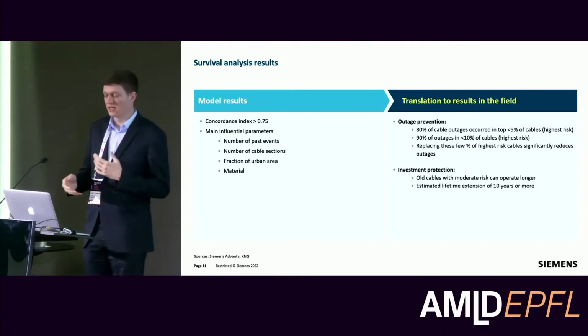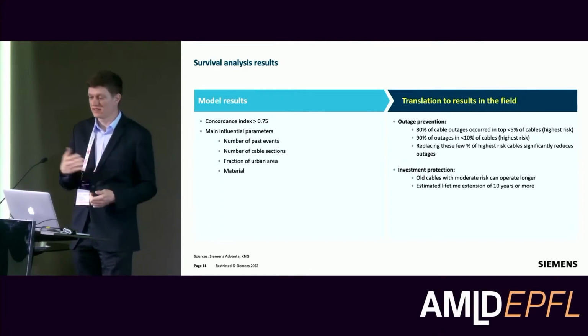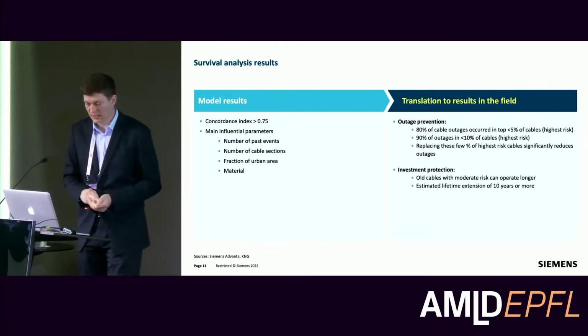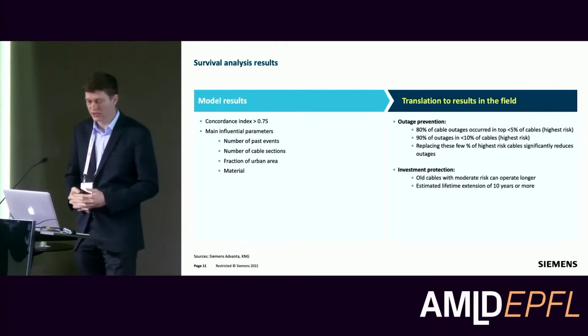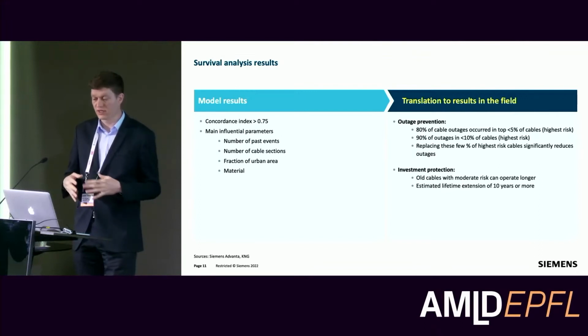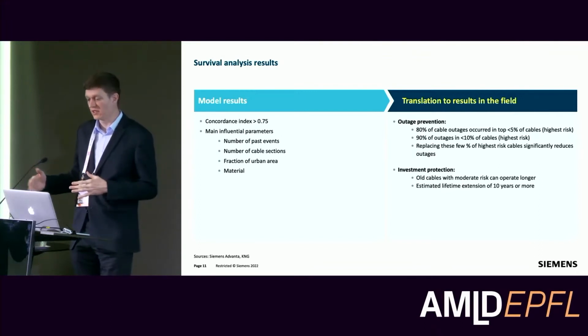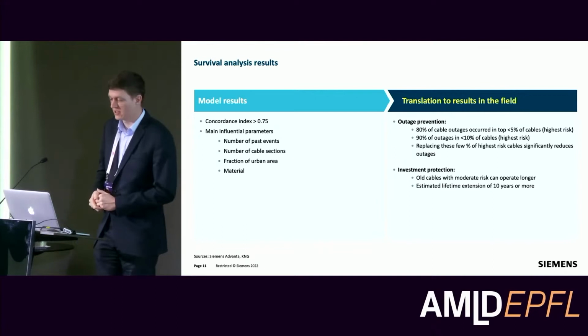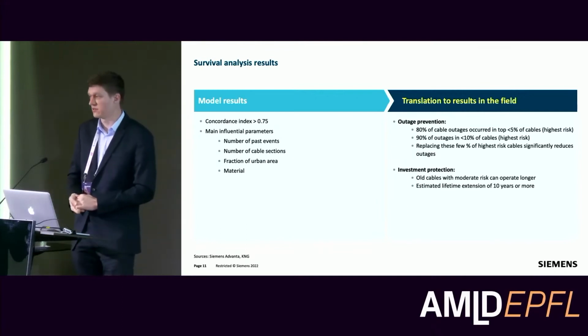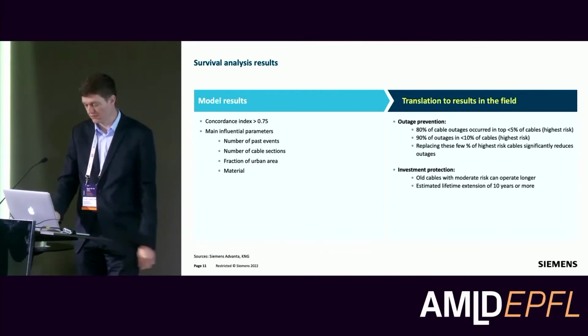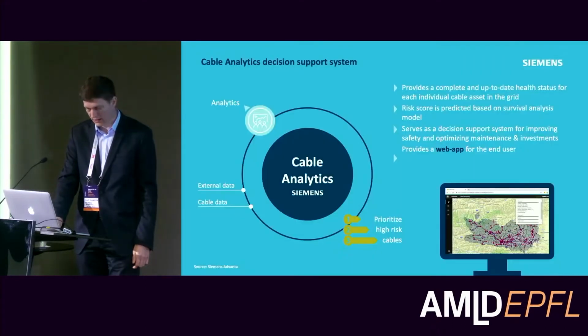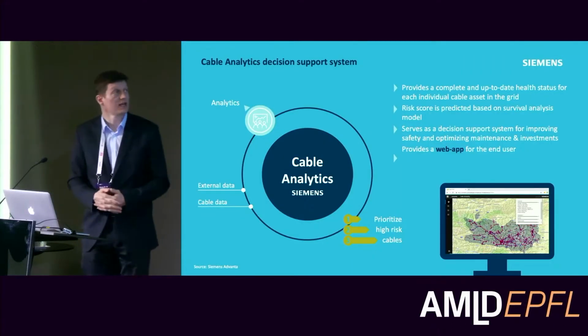So if you start replacing these cables, renewing the grid there, you can get a significant reduction of the outages. And also for investment protection, we saw a bunch of cables which have really low risk, although they are already very old. So they will keep them in operation for 10 years or more, even though they would have planned to replace them. Okay, so I think I'm running out of time.